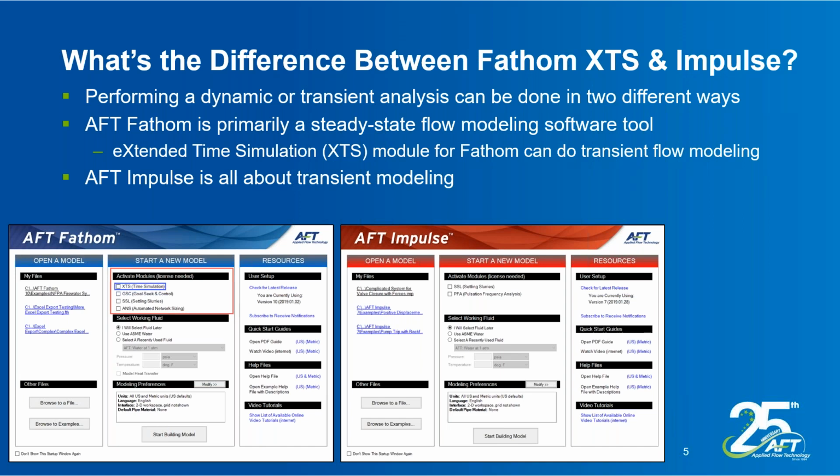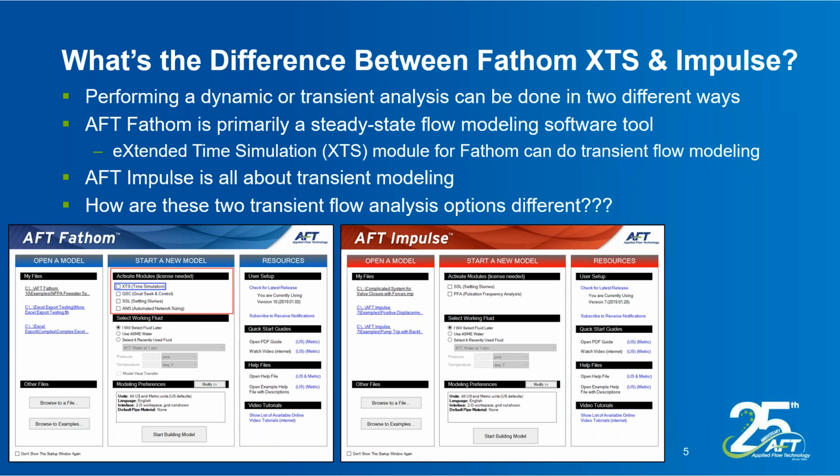Impulse is all about doing a transient analysis. Impulse does have the ability to do some steady state calculations, but those are typically for establishing the initial conditions to perform a waterhammer analysis. So the question is, how are those two transient flow analysis options different from each other?